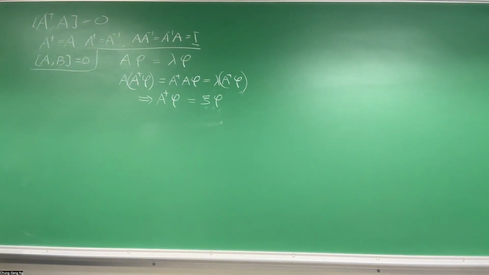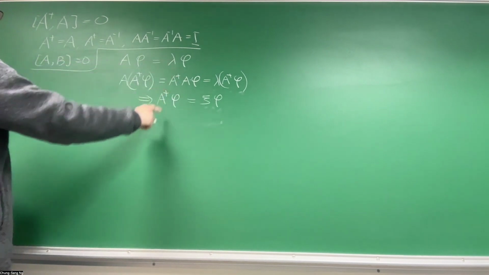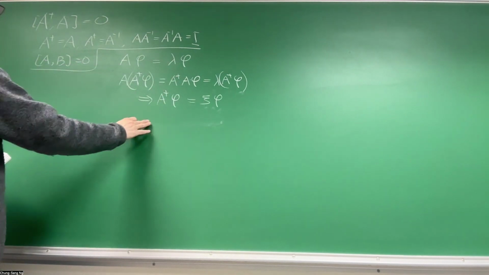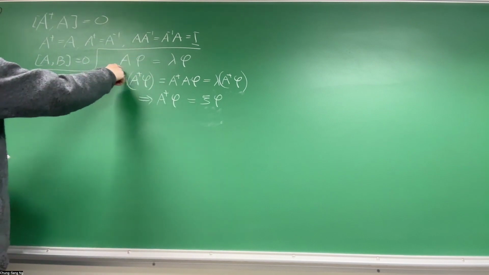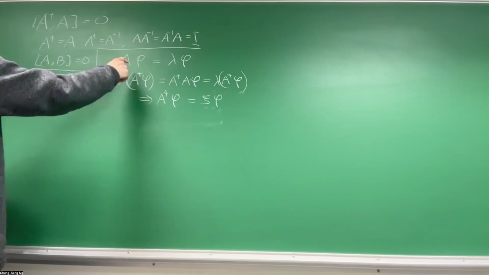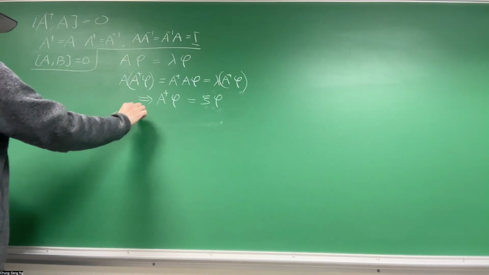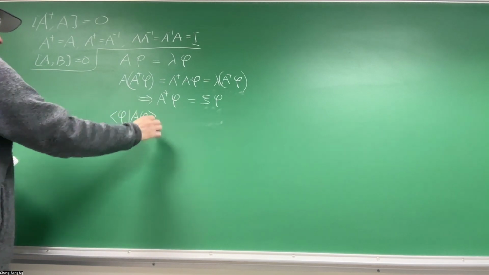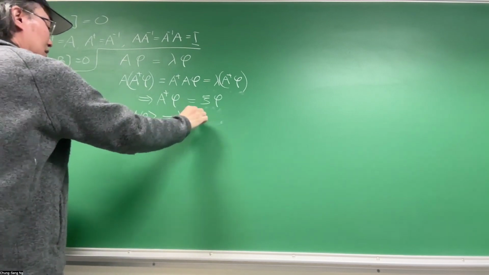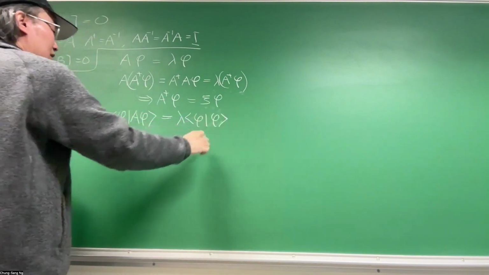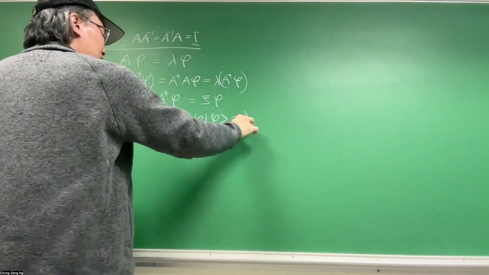The next property is the relationship between this C and lambda. All you need to do is a scalar product of phi with this one, like the scalar product of phi with A phi, and then plug that in. This would be lambda phi, and assuming phi is normalized, it's just lambda.